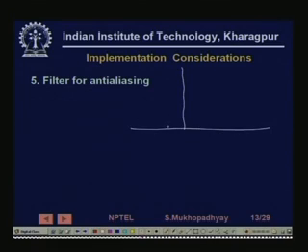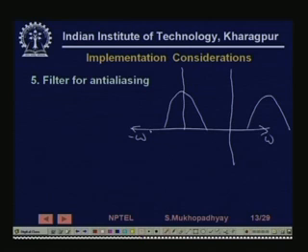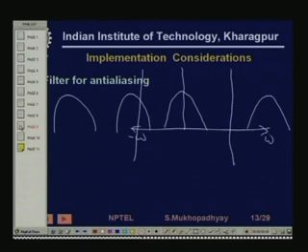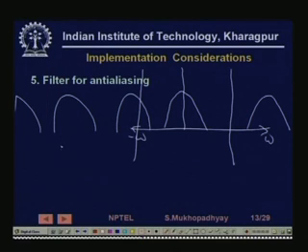If you take a signal which is low pass, its complex spectrum is like this, from minus omega to omega. If you are sampling it at this rate, the spectrum of the sampled signal is going to be repeated indefinitely.